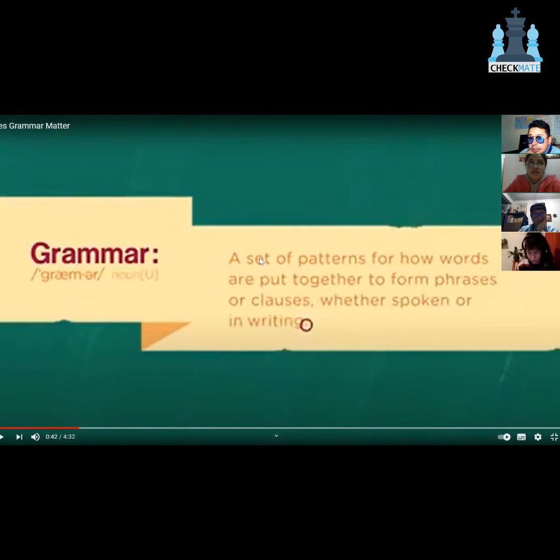It's here on the screen. A set of patterns for how words are put together to form phrases or clauses, whether spoken or in writing. Okay. Do you agree with that definition? Yep. Okay, good to know. You agree with Oxford University.